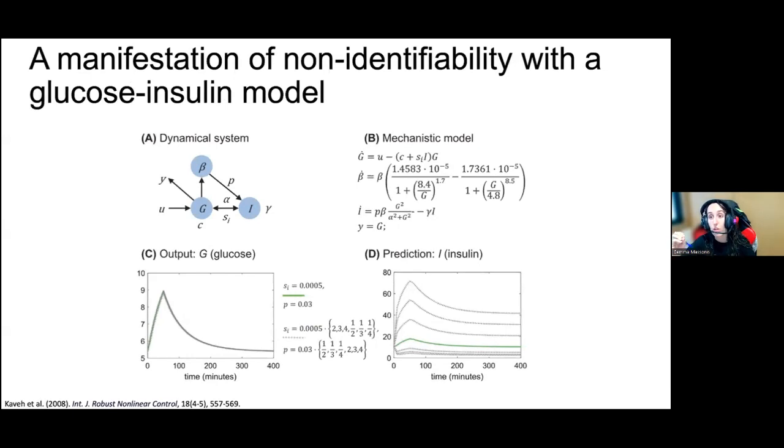If you have a bad combination of parameters, you are not going to be able to correctly predict this forecast or this prediction that you are trying to do. So it's not only for the parameter estimation, but also for the prediction of the states that you cannot directly measure, but that are in your model. Okay, thank you.